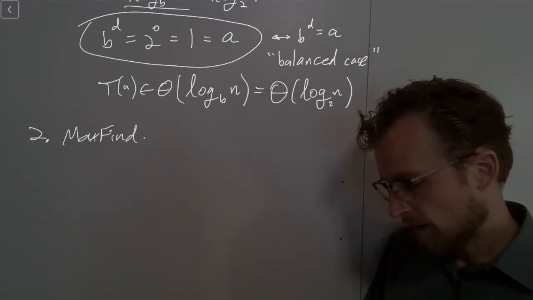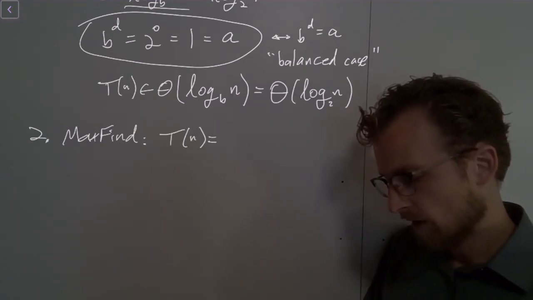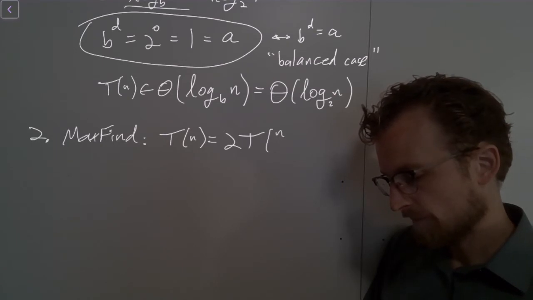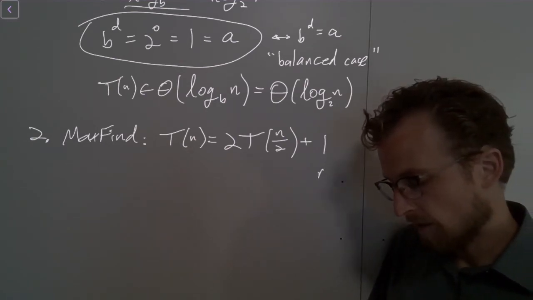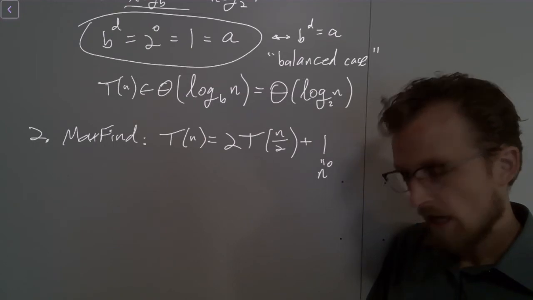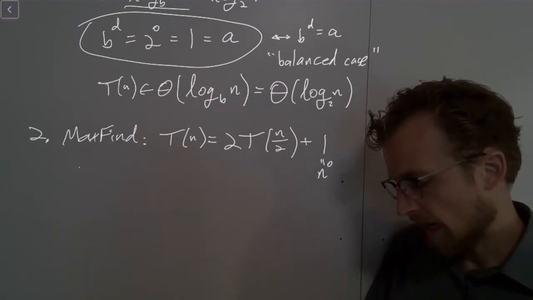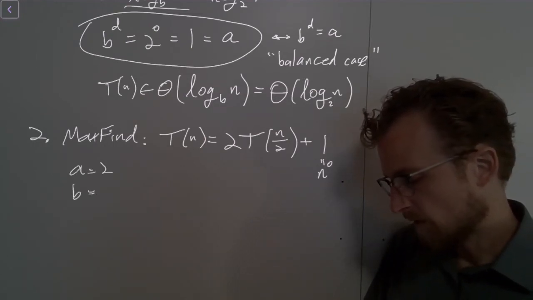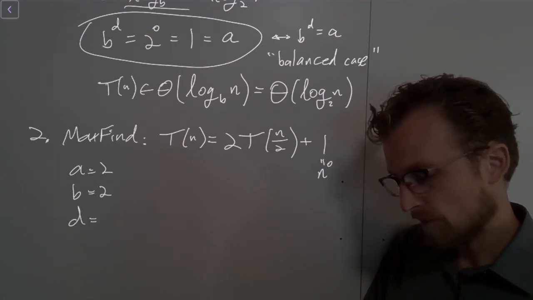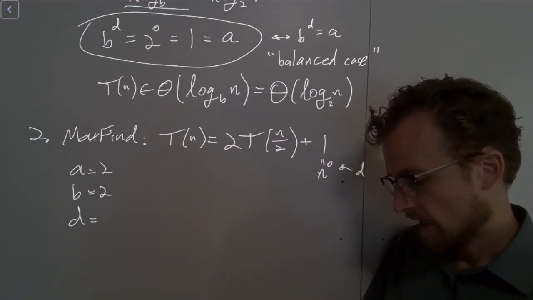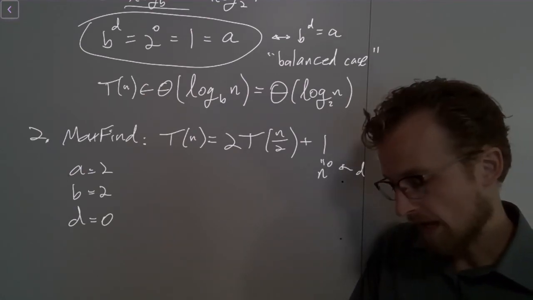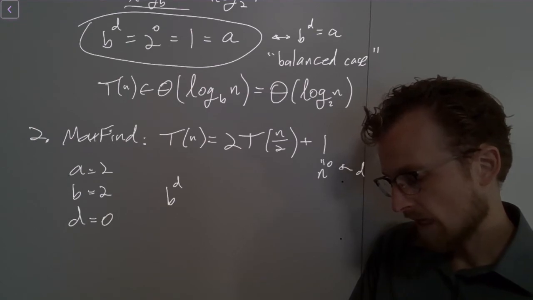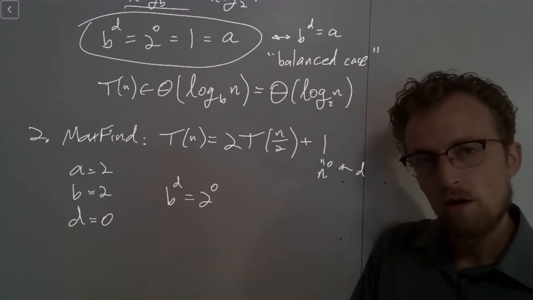So max find had this recurrence relation, T of n equals 2 times T of n over 2 plus 1. I can think of that 1 again as n to the 0. And then if I use the Levitin approach, I'll say a is 2, b is 2, and d, the exponent here, is 0. Then I'll compare b to the power of d with a. So b to the power of d is 2 to the 0, which is 1.